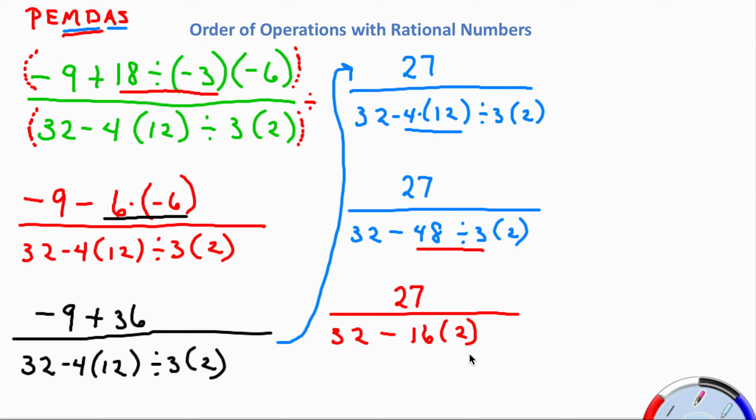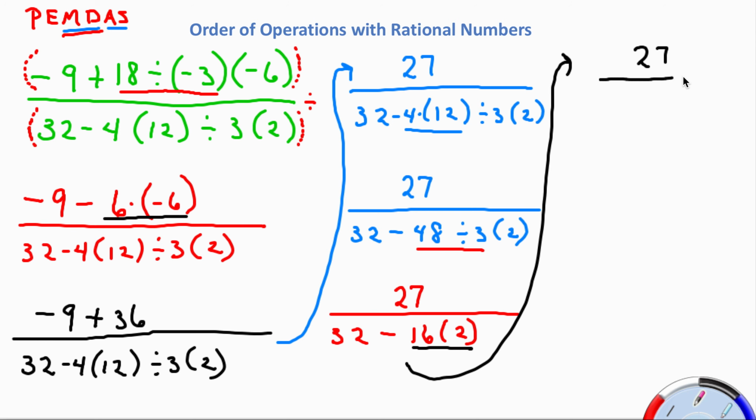Okay, I'm still working on multiplication and division. So now I have 16 times 2. One of them's negative, means the whole thing is negative.